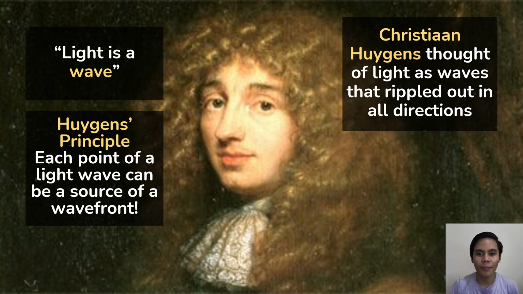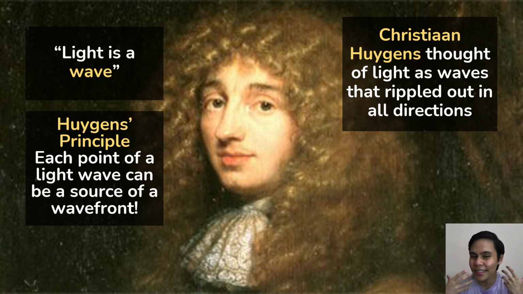Then, another guy named Christian Huygens thought of light as waves that rippled out in all directions, just like when you make ripples on the surface of water. So for him, light is a wave, not a particle. His principle, Huygens' principle, is that each point of a light wave can be the source of a wavefront. That means that when light is traveling in a wave, if you put a slit or a tiny hole there and the light goes through that hole, it'll propagate as a wave once it goes through.